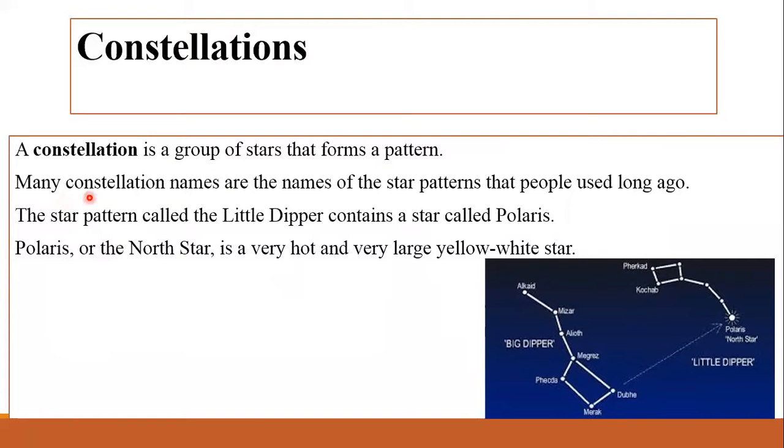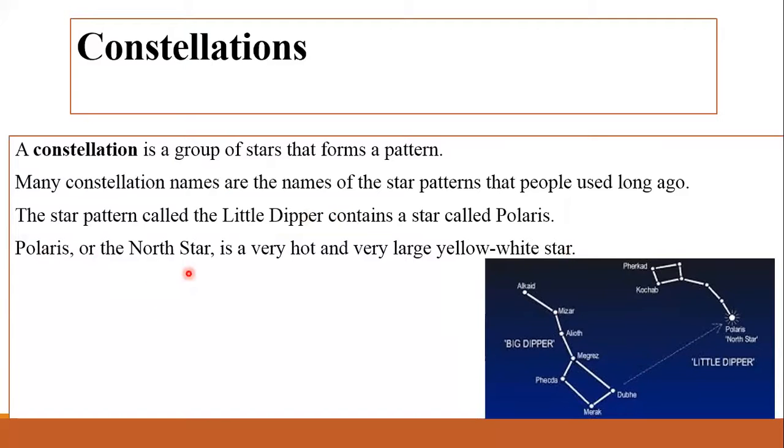So many constellation names are the names of the star patterns that people used long ago. The star pattern called the Little Dipper contains a star called Polaris. This star here is called Polaris.